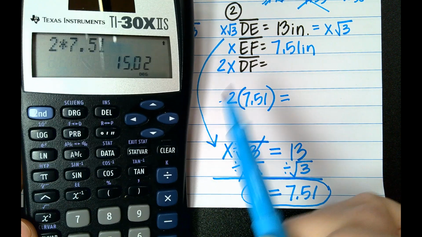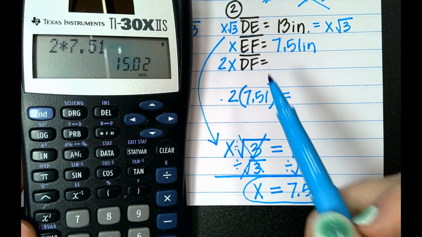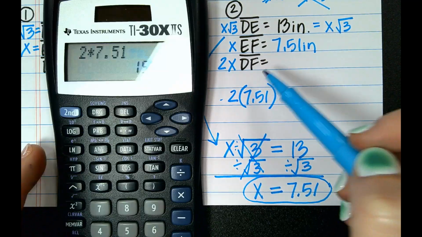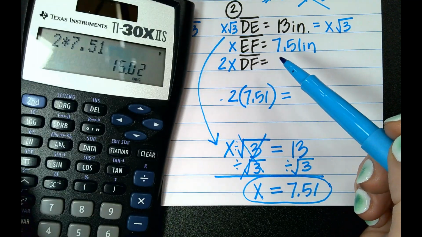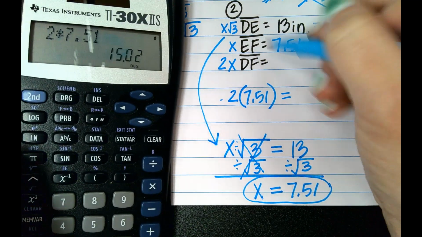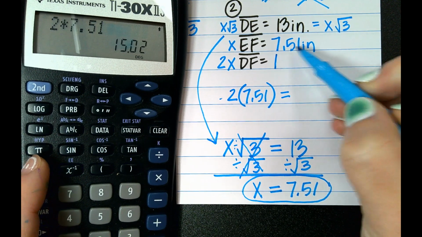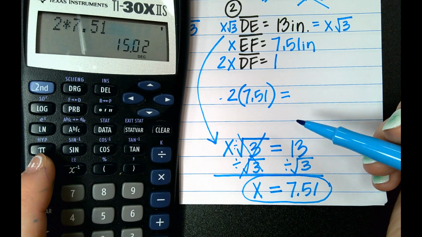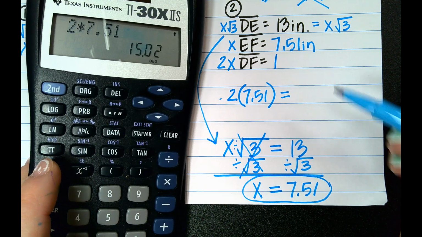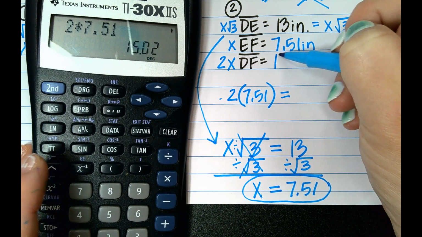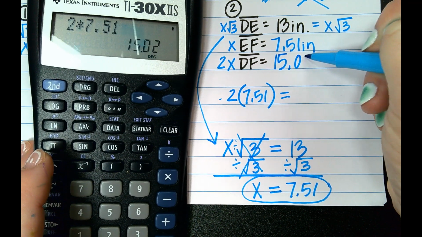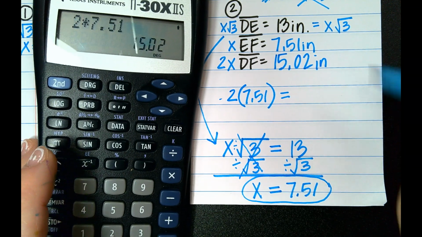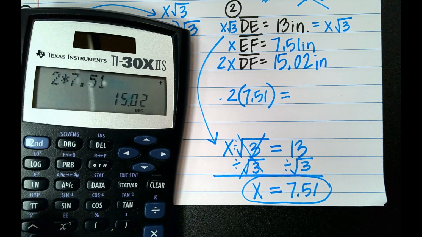Did you type a smaller number on there? Okay, I gotcha. It sounds like it was pretty close though. So DF, if you used 7.50, you would have gotten just regular 15 without a decimal, and that would be just fine too. I won't count that wrong. That is also correct. So I'm going to write 15.02 inches for DF.